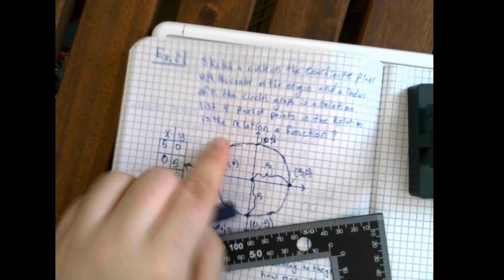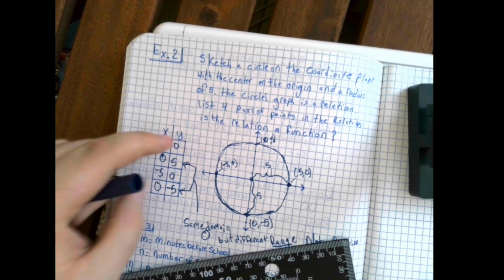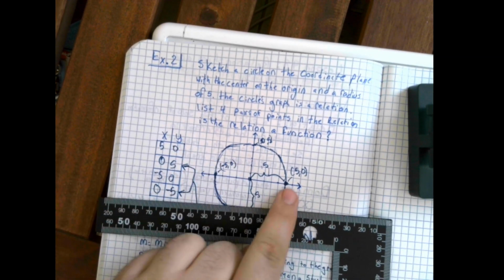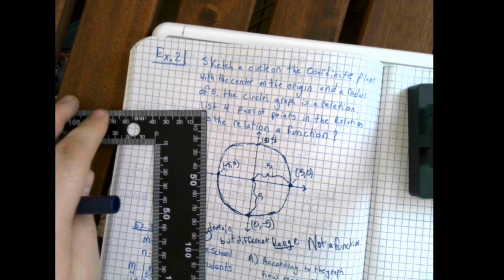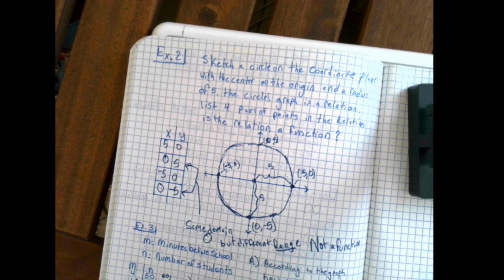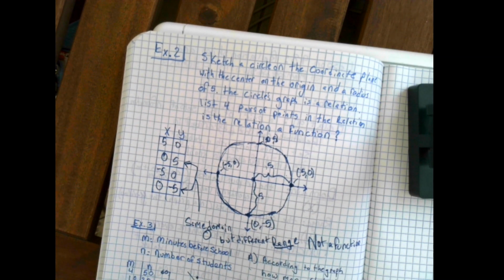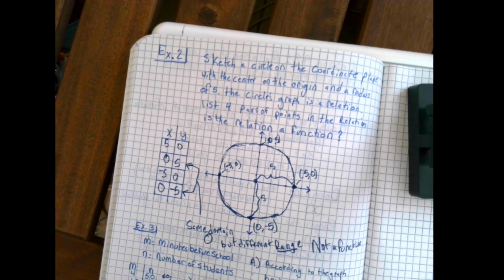Now notice these 2 points here have the same output of 0, but having the same output with different inputs would be on a horizontal line, not a vertical line. So we don't need to worry about seeing that. You only need to check if the domain is the same. If the domain is the same, then that's when you need to start making sure that the range is also the same.